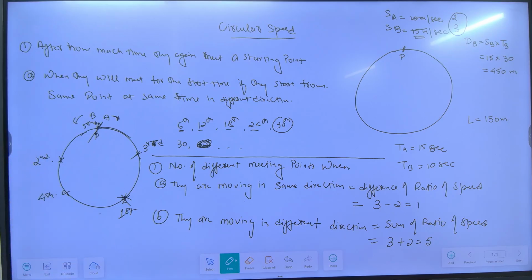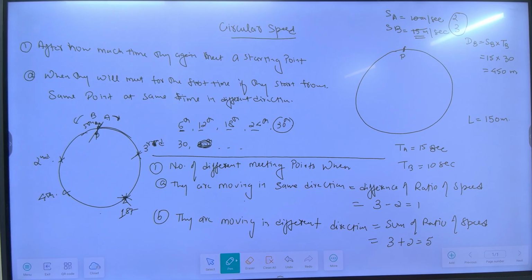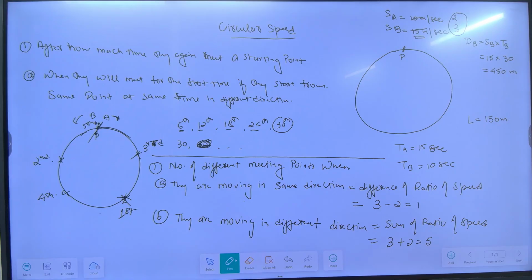In the first 6 seconds, how much will A cover? What is the speed of A? 10 meter per second. So in 6 seconds, A will cover how much? 60. B will cover 90. So A ने दौड़ा 60, B ने दौड़ा 90, तो पहला meeting point.